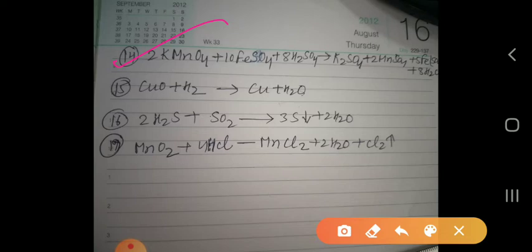Here the products are K2SO4, that is potassium sulfate, plus MnSO4 plus Fe2(SO4)3 plus H2O.